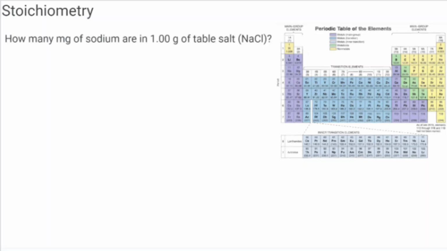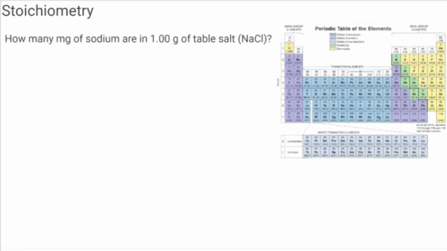Now, one of the first things I would recommend doing is that you want to look at your periodic table and probably find the molar masses. So we want to find the molar mass of sodium chloride. So we're going to be looking at sodium here with an atomic mass of 22.99 and chlorine here with an atomic mass of 35.45.